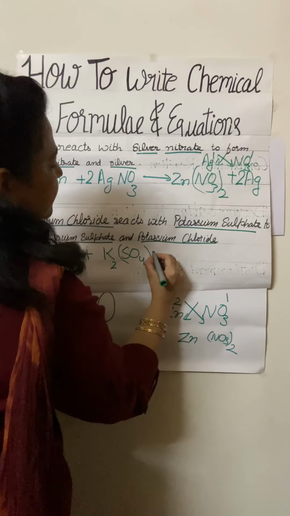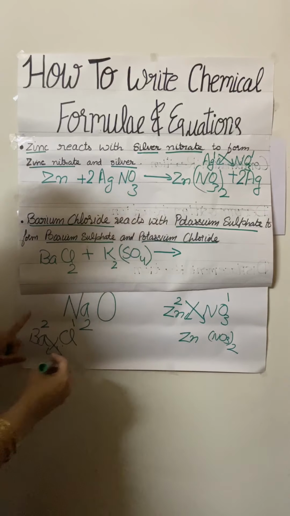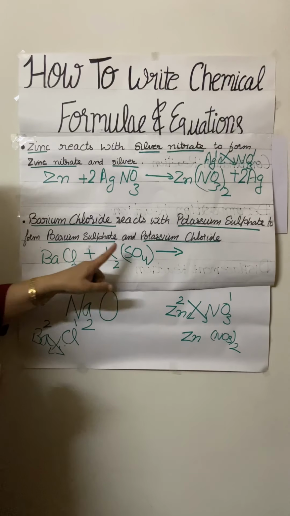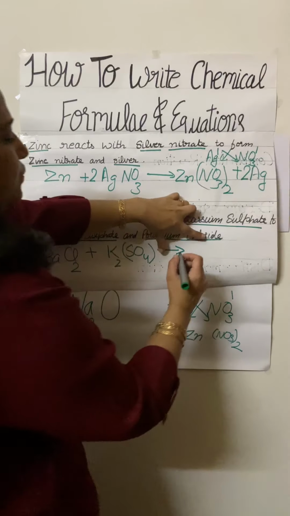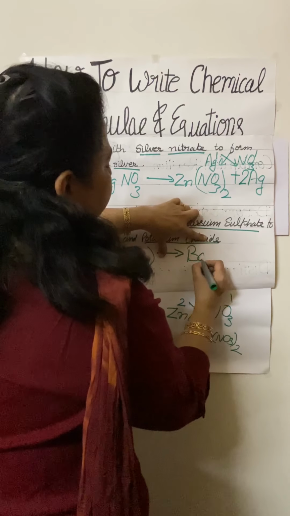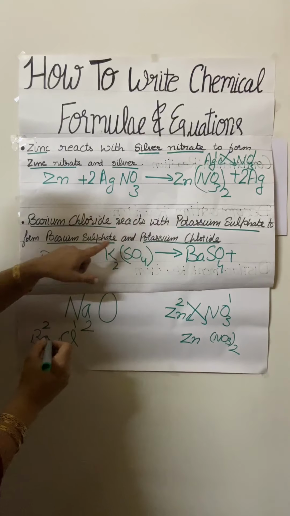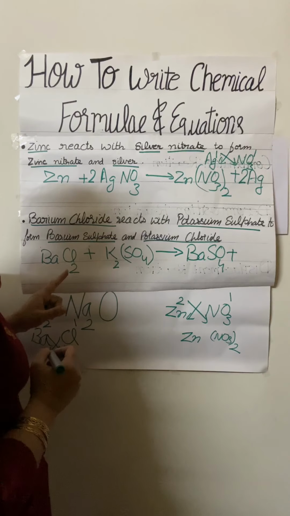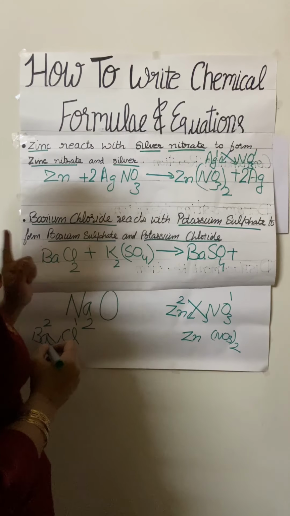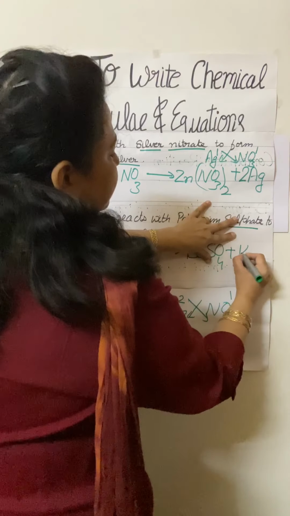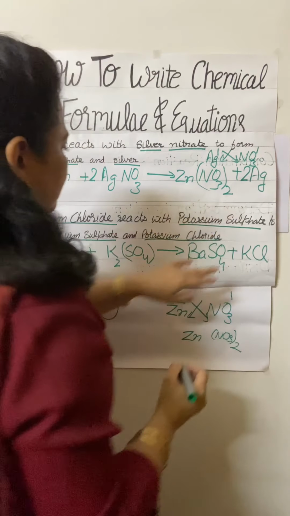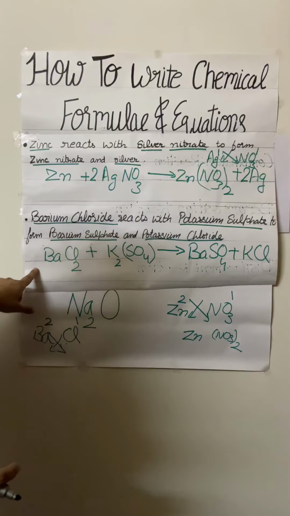To form barium sulfate, barium we have done valency 2, sulfate valency 2. So you will get barium sulfate plus potassium chloride. Potassium is valency 1 and chlorine is also valency 1. So we have KCl. Now let us see whether the equation is balanced or not.